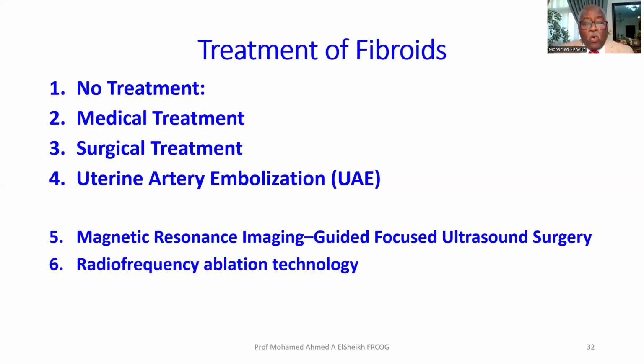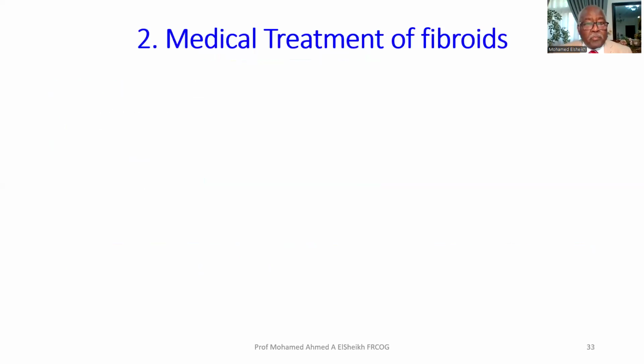These are the common pathways of management, along with radiofrequency ablation technology. The first four are commonly used now, while MRI guided focused ultrasound surgery and radiofrequency ablation are now being tried and used.